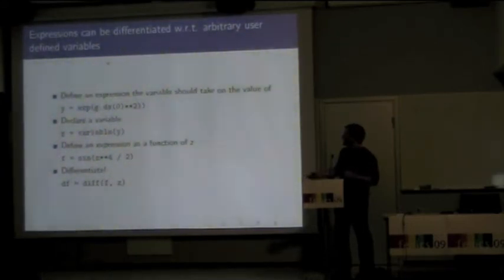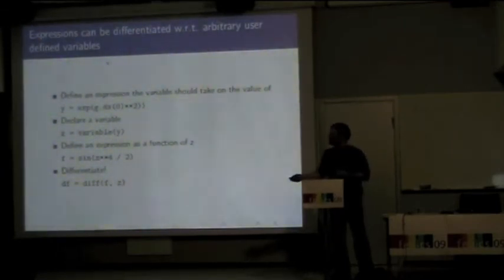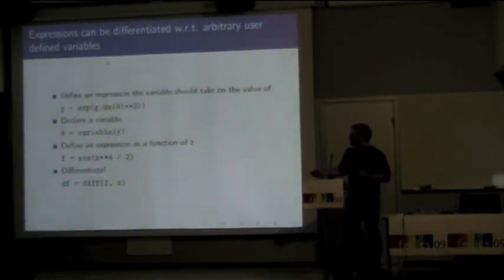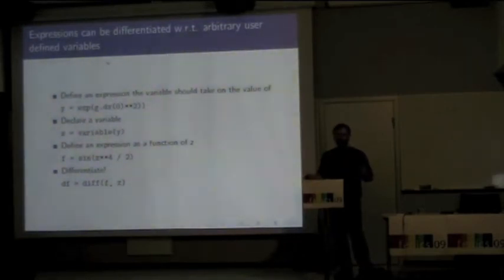If you then define an expression in terms of the variable, you can differentiate it with respect to this variable, just like that. You can define variables that are tensors as well, and then differentiation will mean differentiation with respect to each tensor component.